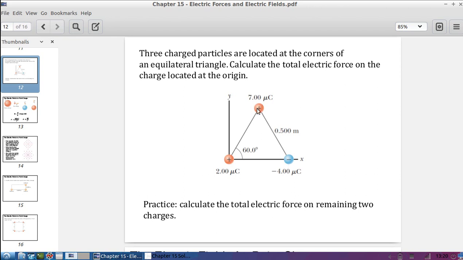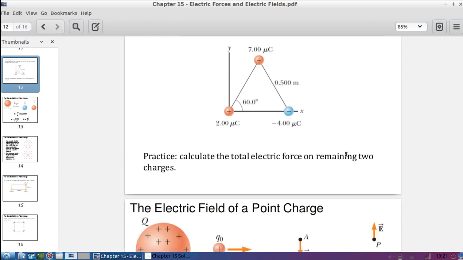Take the 7 microcoulomb charge away, and then calculate the field due to these two charges. There aren't a whole lot of these diagrams out there, so you can take these diagrams and take a charge out and calculate the field there, or switch the charges around, or switch the signs of the charges, and that'll give you some good extra practice.